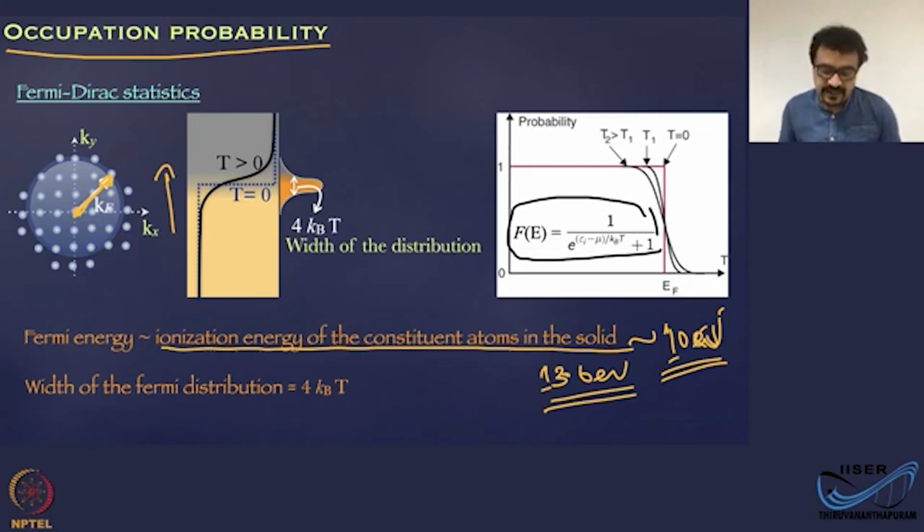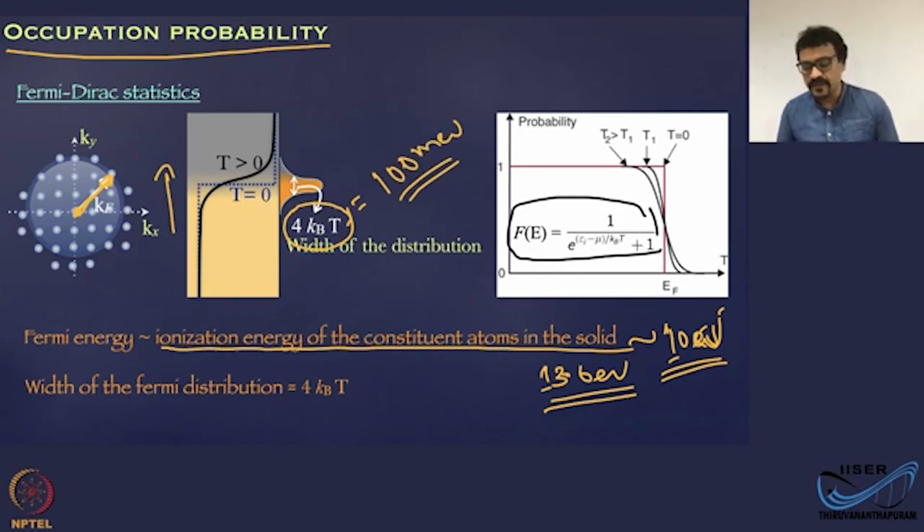So what I'm trying to say here is the Fermi energy is of the order of tens of, close to say 10 electron volt, and the width, which is 4 kBT, if you look at room temperature, approximately corresponds to 100 milli electron volt, because kBT at room temperature is 25 milli electron volt.